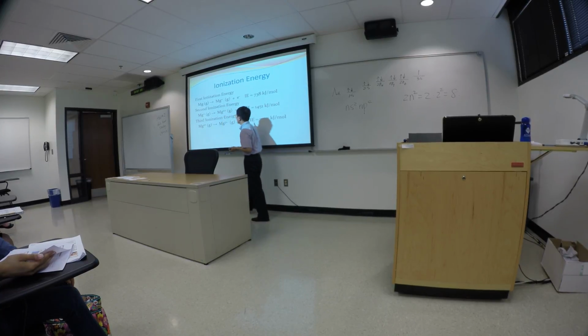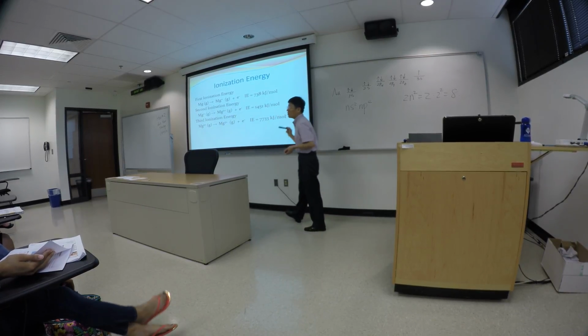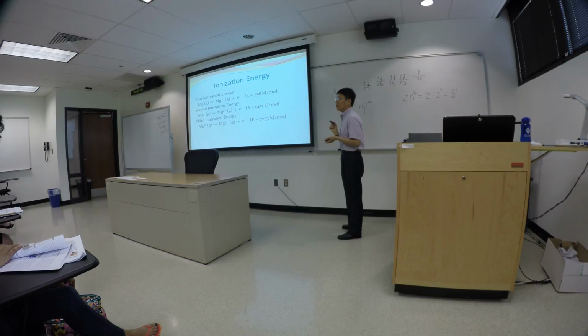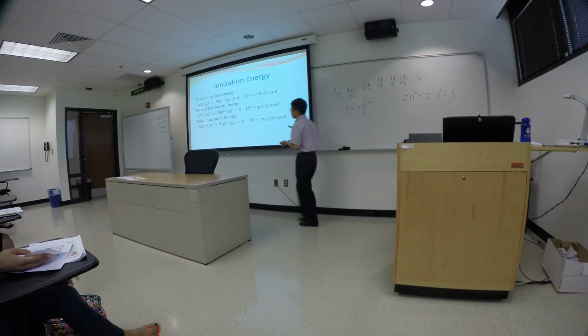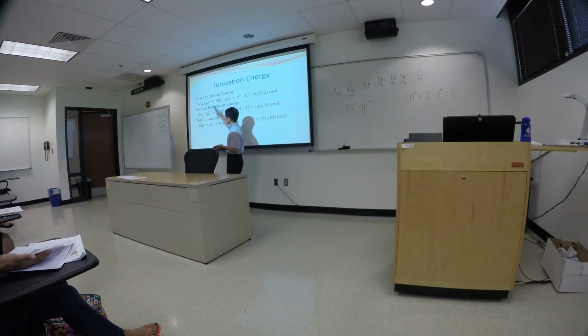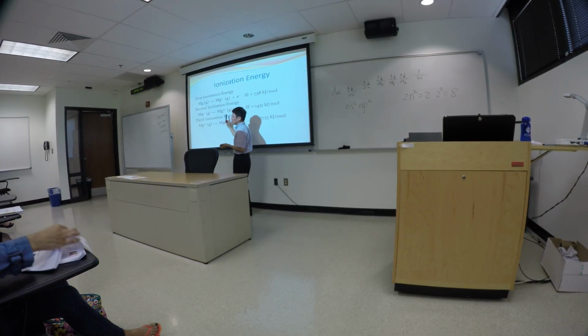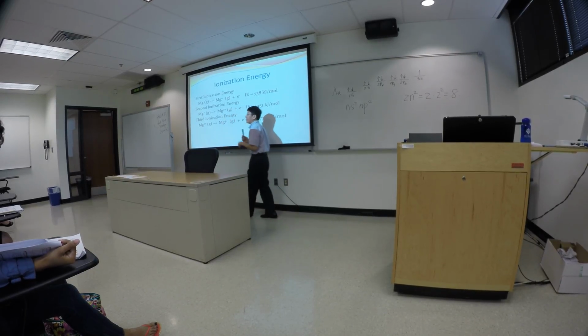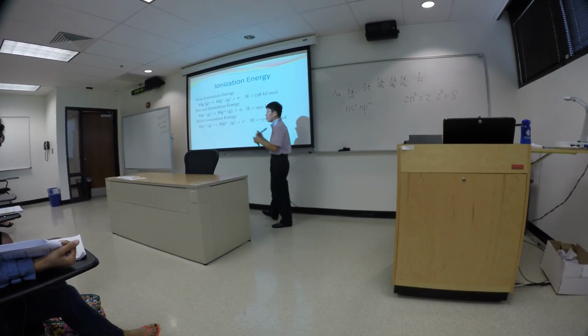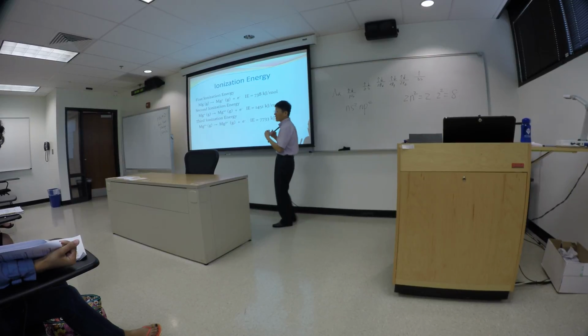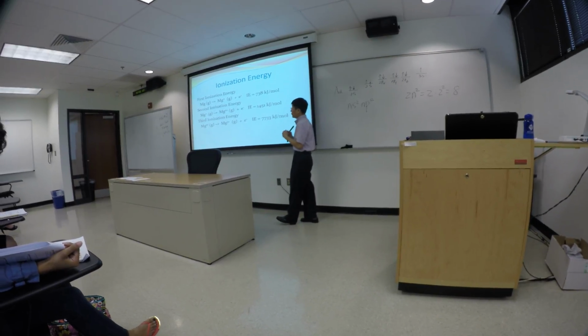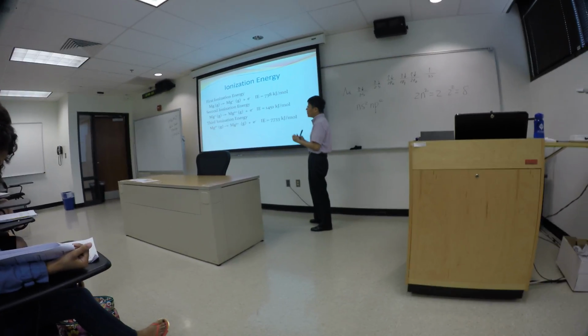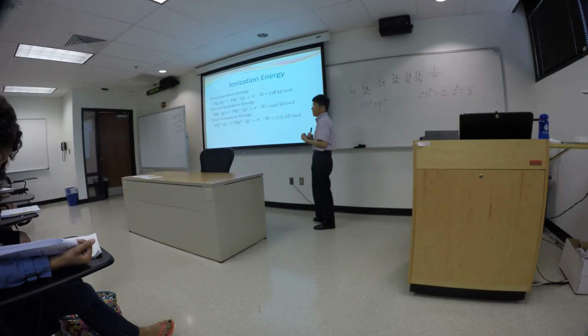This process requires about 738 kilojoules per mole of energy. Now, going from magnesium 1+ to magnesium 2+ is what we call the second ionization energy, because you are removing the second electron. And accordingly, if you try to remove the third electron, it's the third ionization energy.